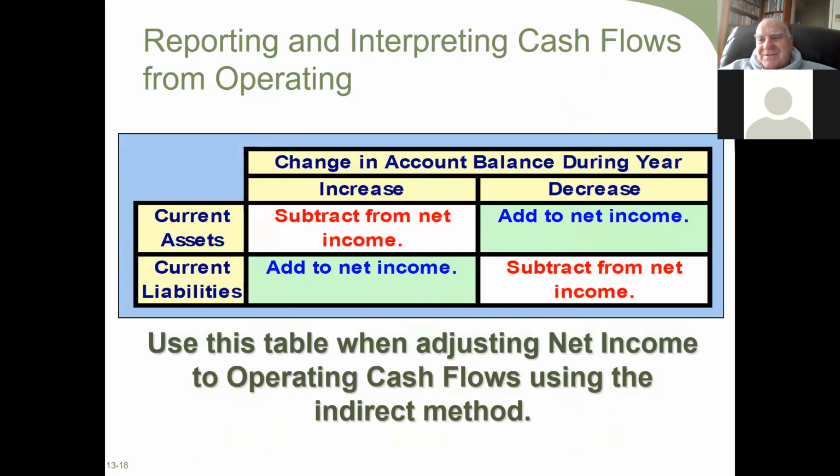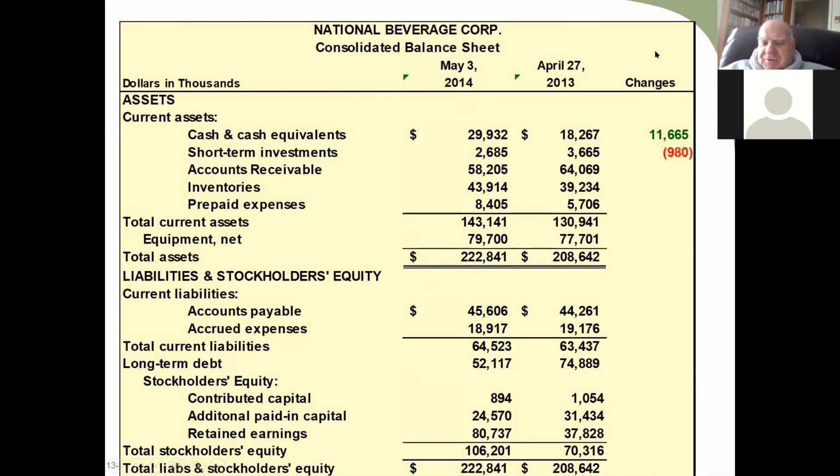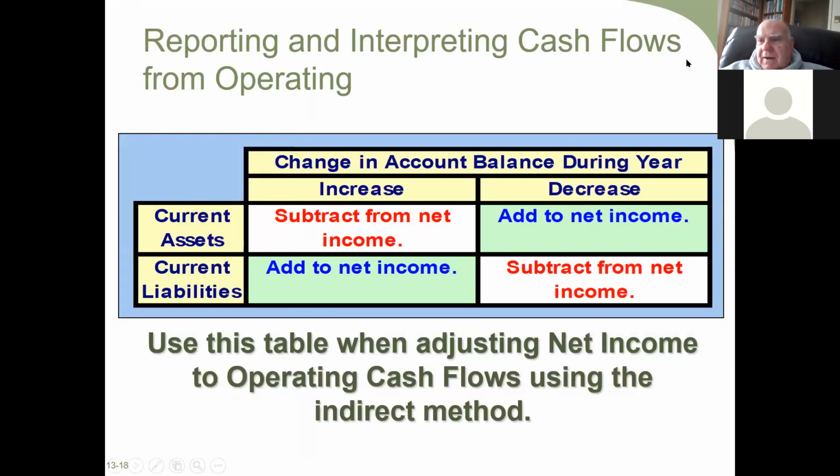Here now we get into the beginning of some tricky stuff. I always use this word, counterintuitive. Look at what we have here. We have current assets and current liabilities. You are going to take the difference in the balances between those two balance sheets and come up with a number.